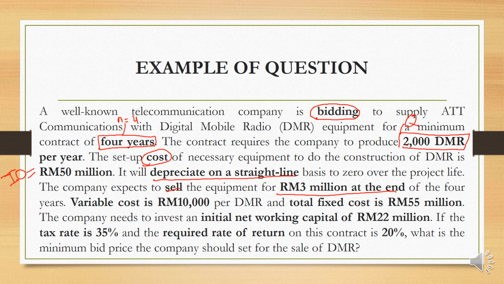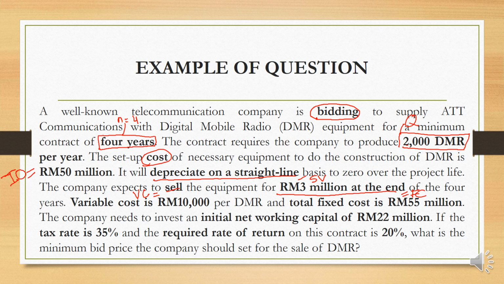So based on this information, the salvage value, which is SV, for the project equals 3 million. Next information, variable cost is 10,000 per DMR and the total fixed cost is 55 million ringgit. So the variable cost here represents VC, which equals RM 10,000, and the total fixed cost here is represented by FC.